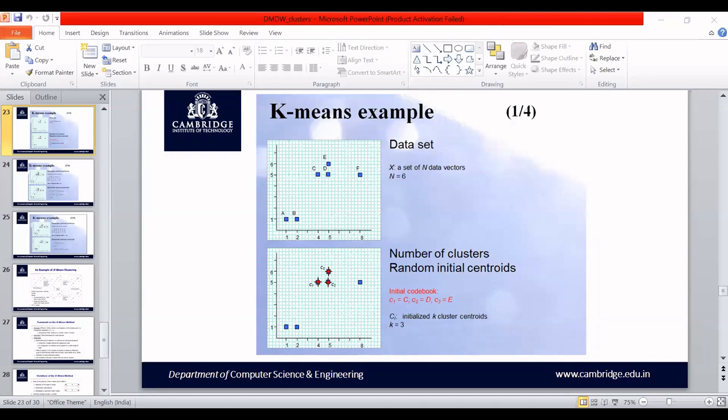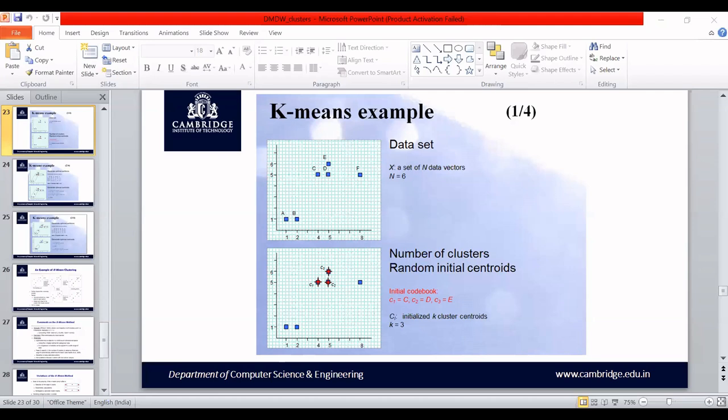Whichever is minimum, I know this data point belongs to that cluster. See here, 1.5 minus 1 is 0.5 and 2 minus 1 is 1. So obviously the point is nearer to centroid C1 than to centroid C4, and the cluster now has data points 1 and 2.